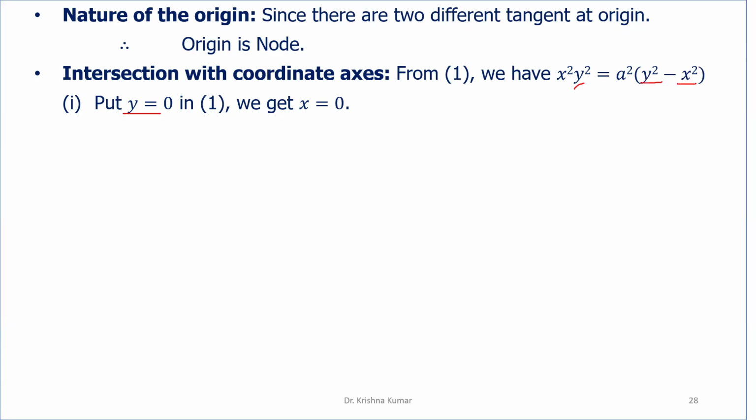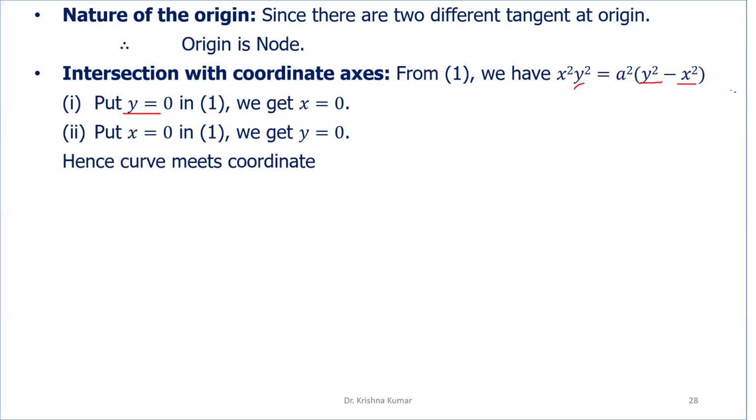So we are getting x equal to 0. Similarly, if we put x equal to 0, then we get the intersection with y-axis, we again get y equal to 0. So this curve only intersects the coordinate axis at only origin 0, 0.